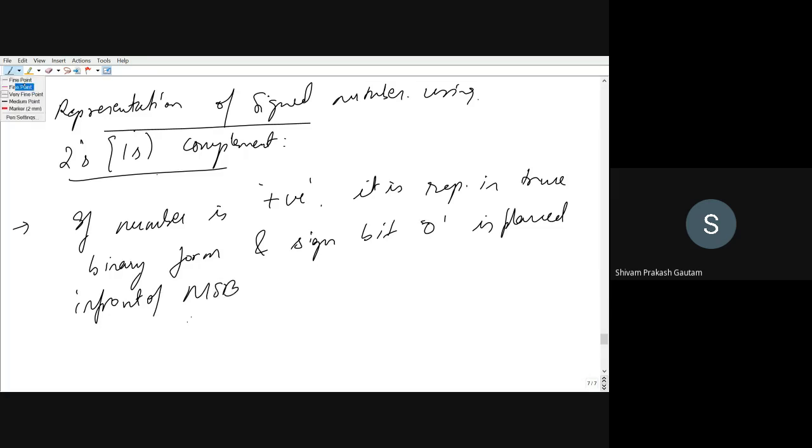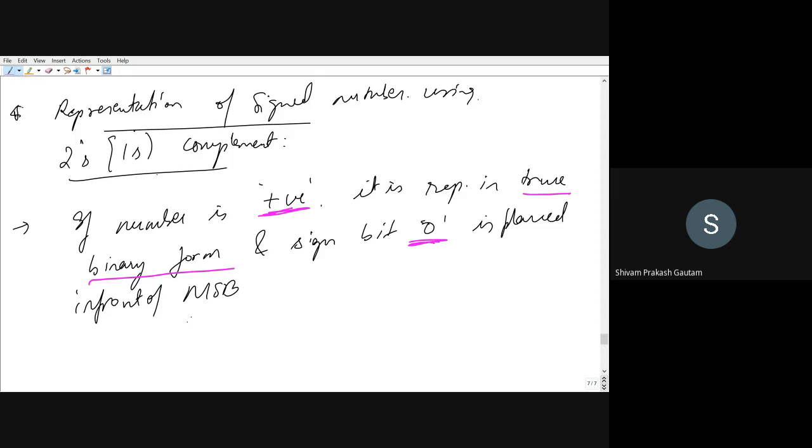So what does it mean? If the number is positive, then there is no need to change anything. It will be represented in true binary form, and you place 0 in front of it, like we have seen in sign magnitude form, and it will represent a signed binary number.